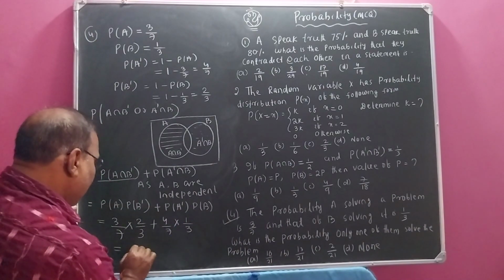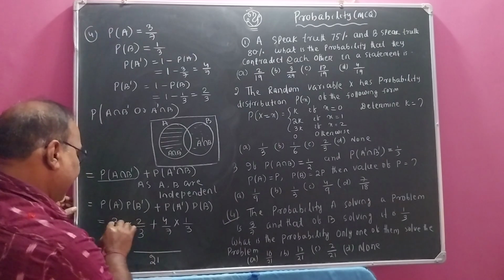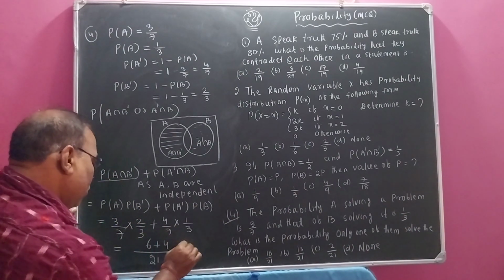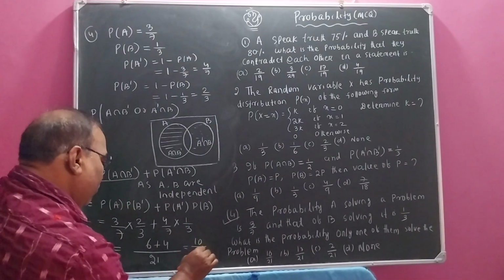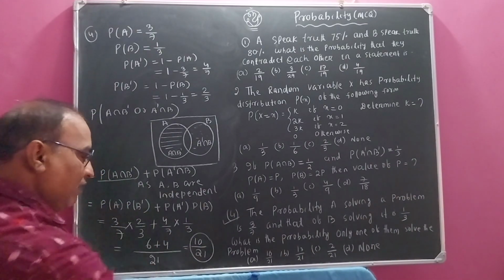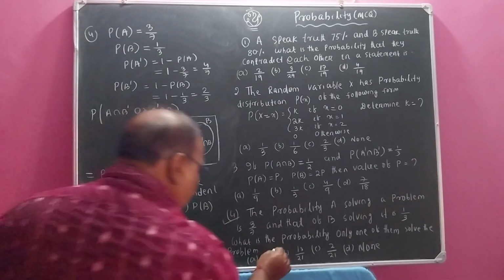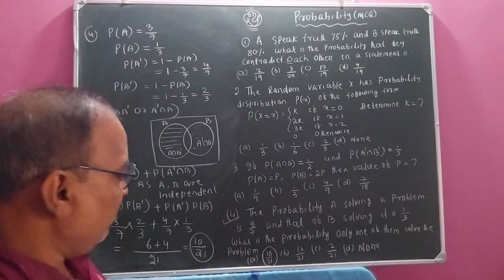So it is 3 into 2, it is 6, plus 4, so 6 plus 4, 10 by 21. So the correct answer is choice A, 10 by 21.